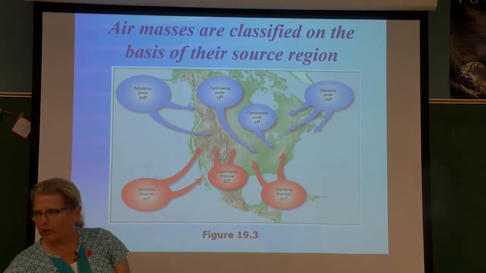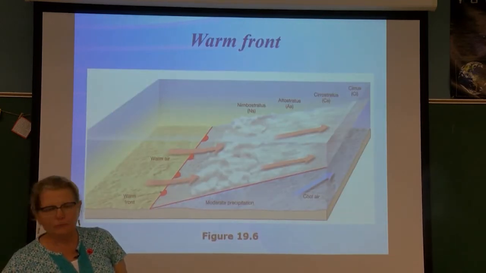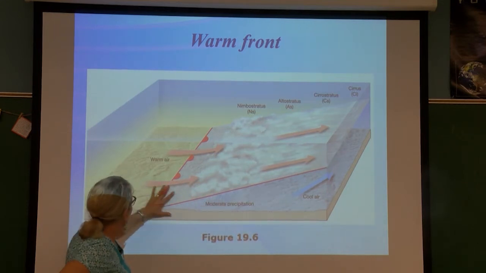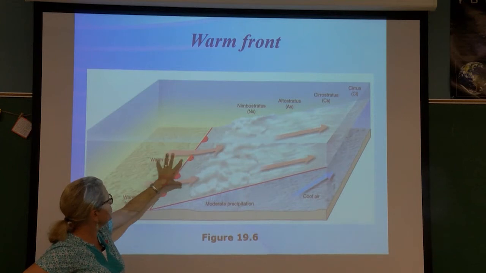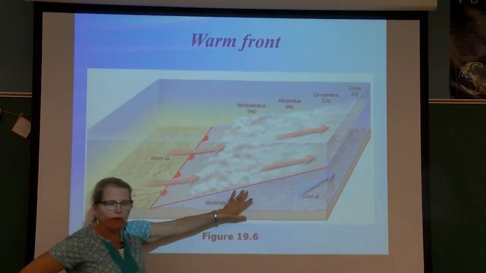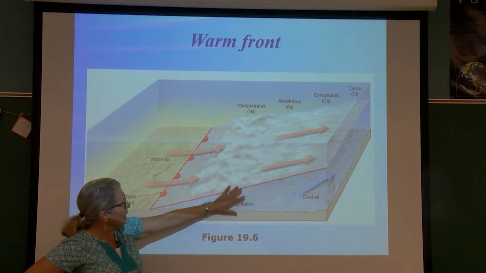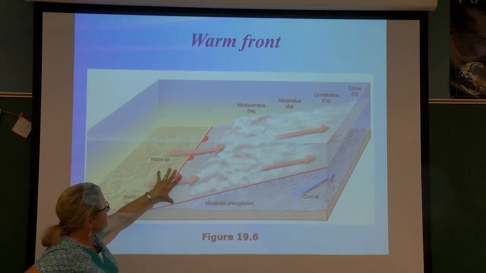And we saw the characteristics, and so if you look at when you've got a warm front, which you'll see on the map as these semicircles, the warm air is moving. Could the green push the orange out of the way? No. It just sits on top.